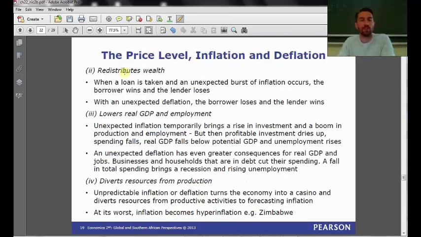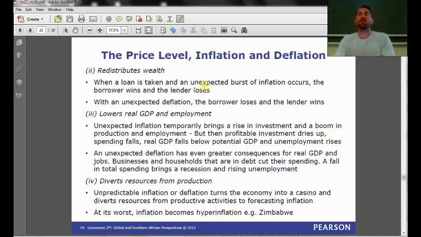Secondly, it redistributes wealth. When a loan is taken out and an unexpected burst of inflation occurs, borrowers win and lenders lose. How is that the case? Well, when you take out a loan, you will repay that loan in a future period.